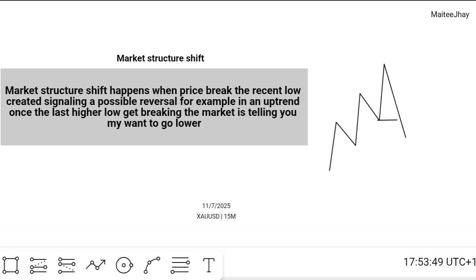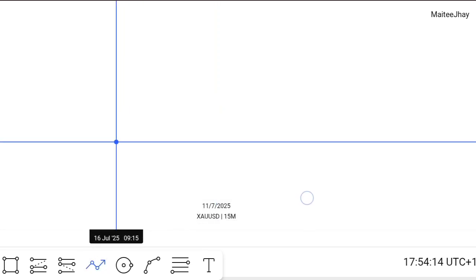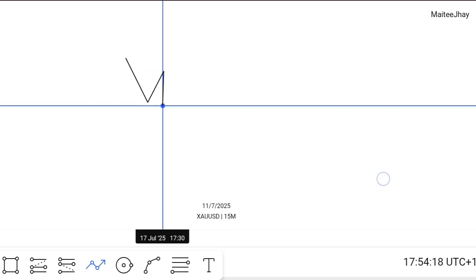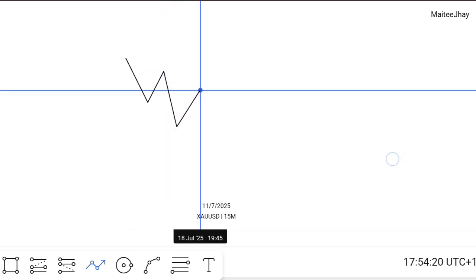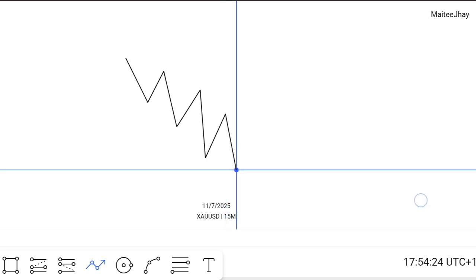So same with the downtrend. In the downtrend, breaking the last lower high tells you that the market wants to go higher. Let me give you an example. When the market is going down like this, lower low, lower high, lower low, lower high, lower low, lower high, lower low.